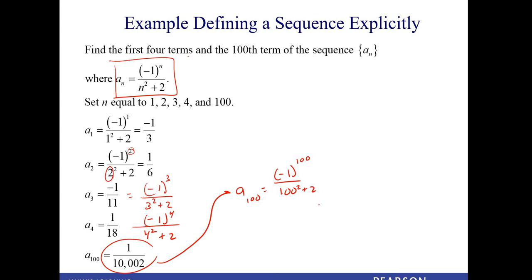Notice that since we use this (-1) to the power, the terms alternate being positive and negative depending upon whether the power is odd or even. So that's an explicit rule. It's a rule that allows us to find any term by simply plugging in the value for n, which is our domain, our integers, into our function rule.